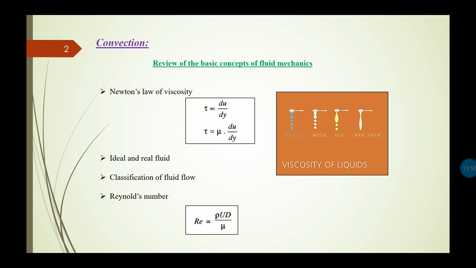All these are factors based on which the critical values of the Reynolds number change. So there is a lower critical Reynolds number and an upper critical Reynolds number. The lower critical Reynolds number is 1 in case of a sphere, 50 in case of open channels, and 1000 in case of parallel plates.